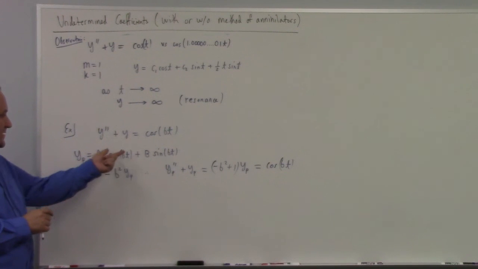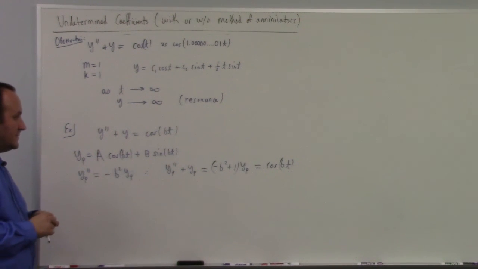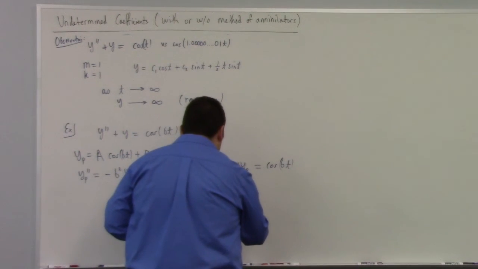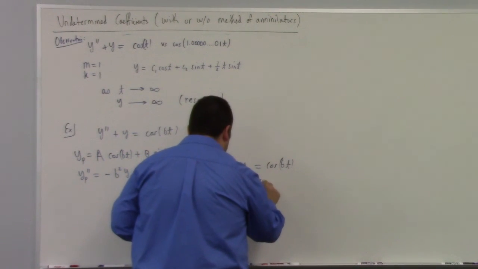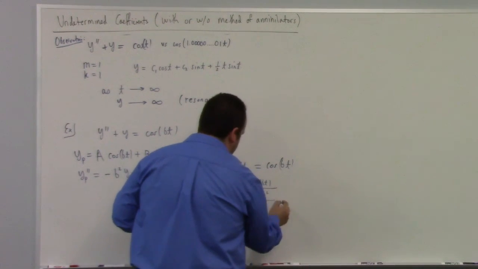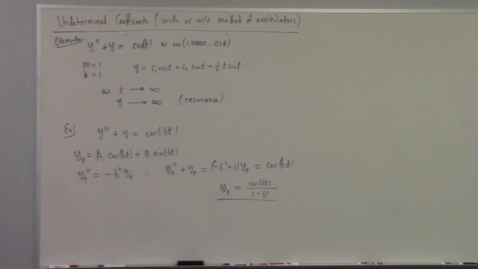That means that this template is insufficient, so this guess, or if you're German, ansatz, fails. But otherwise, you put yp equals cosine bt over 1 minus b squared, and you're good to go. And that's a particular solution. And it's bounded. So this resonance requires exact matching in this case.